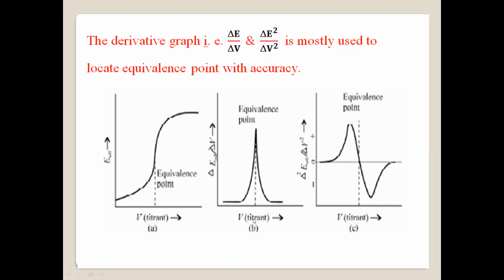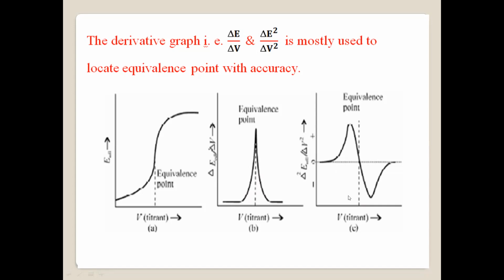The second graph is volume of NaOH added versus delta E upon delta V. This value increases up to the equivalence point, and after that it decreases. Two curves are obtained, and they meet at the equivalence point.